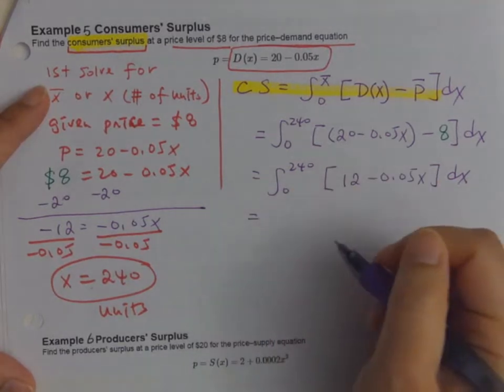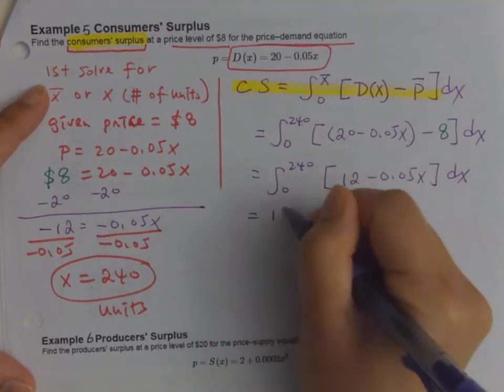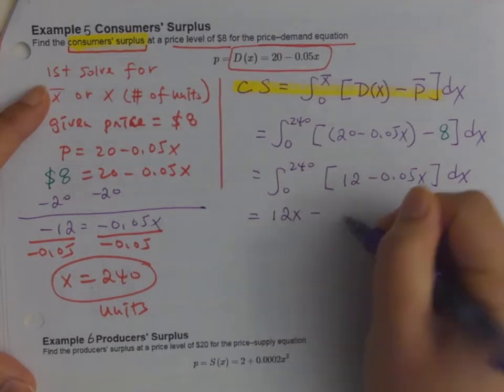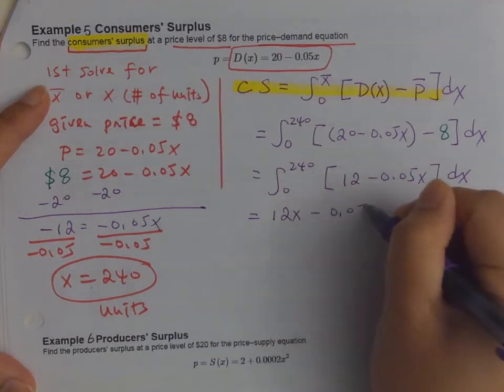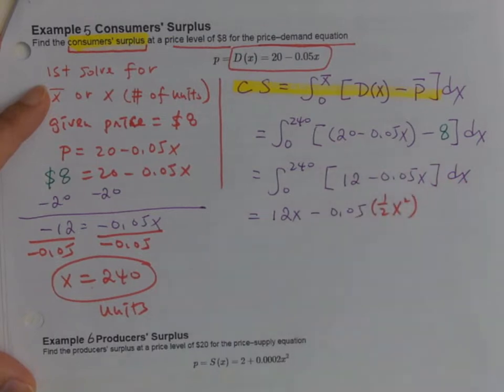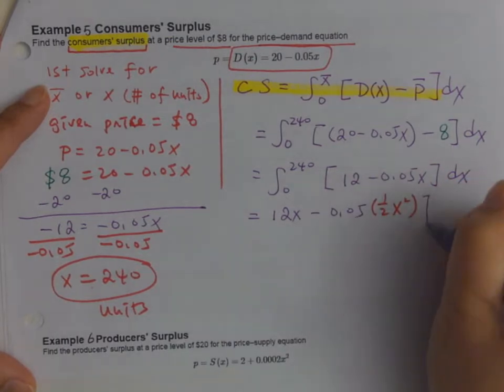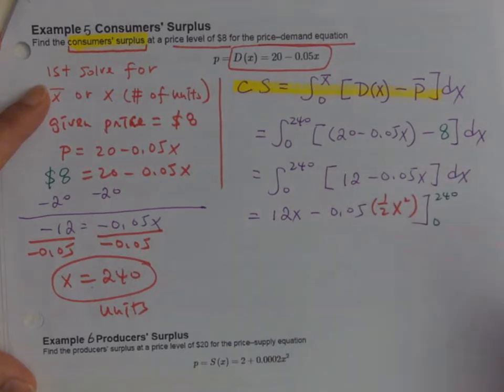Just be careful. 12 will turn into 12x minus 0.05, and then that would be 1/2, right? X squared. So make sure you're doing the integral, not the derivative, right? And then after that, we're going to need to plug in the numbers. I like this is 0, so it's going to make things a little bit easier.